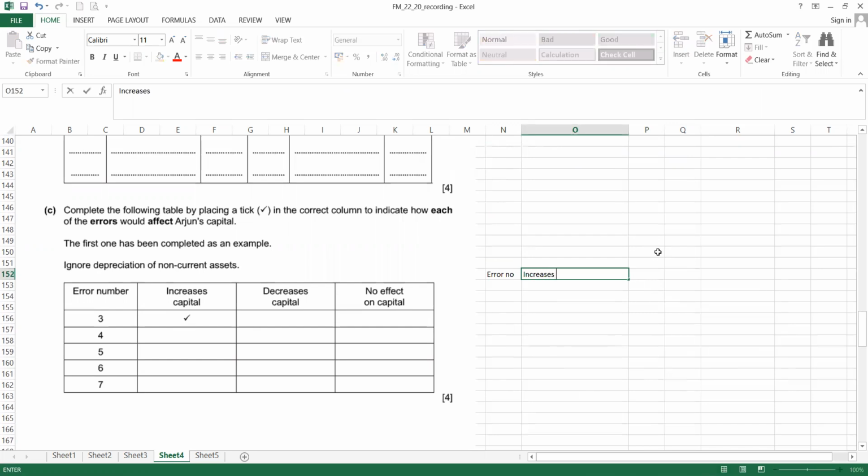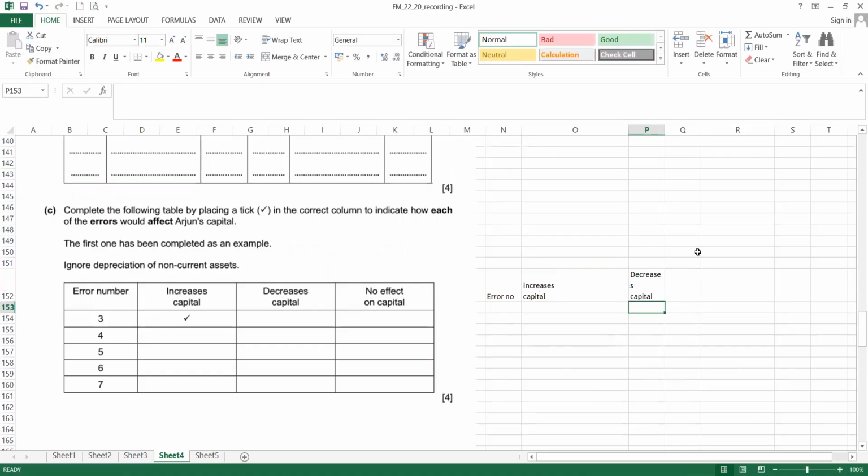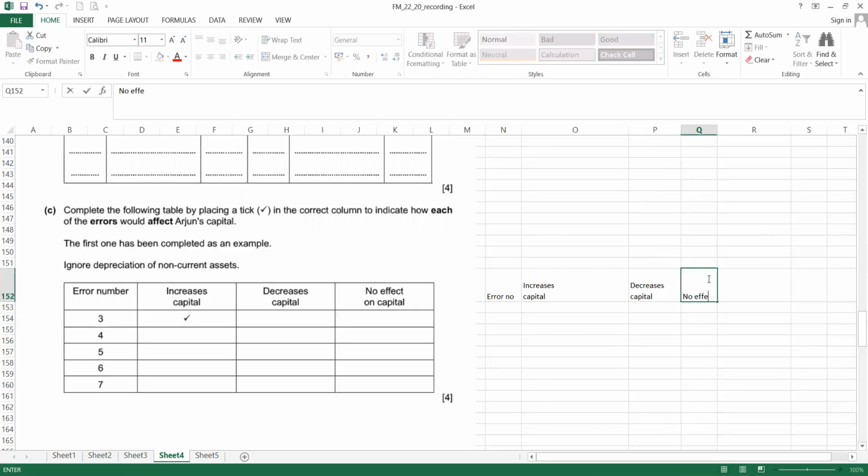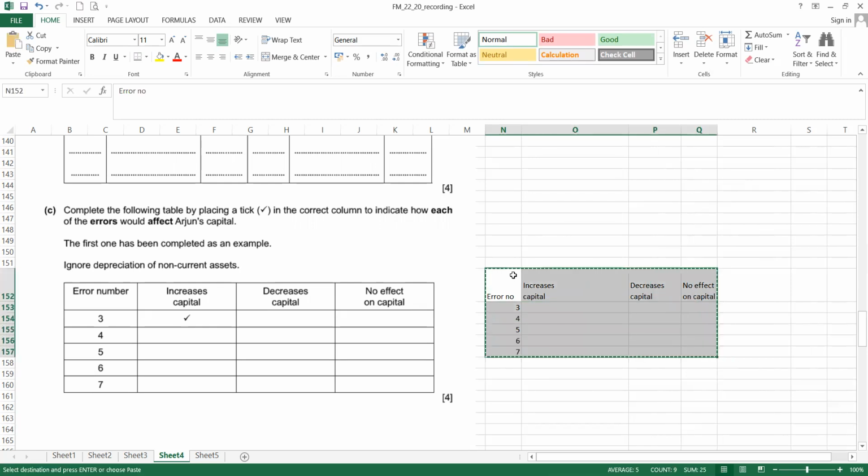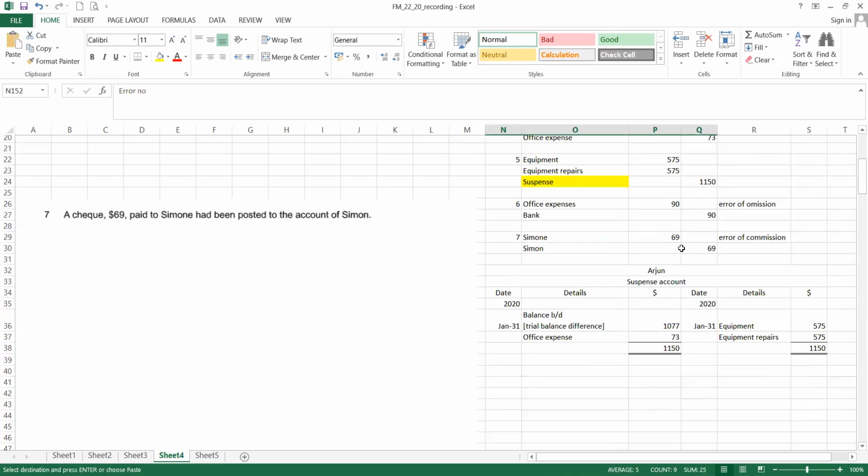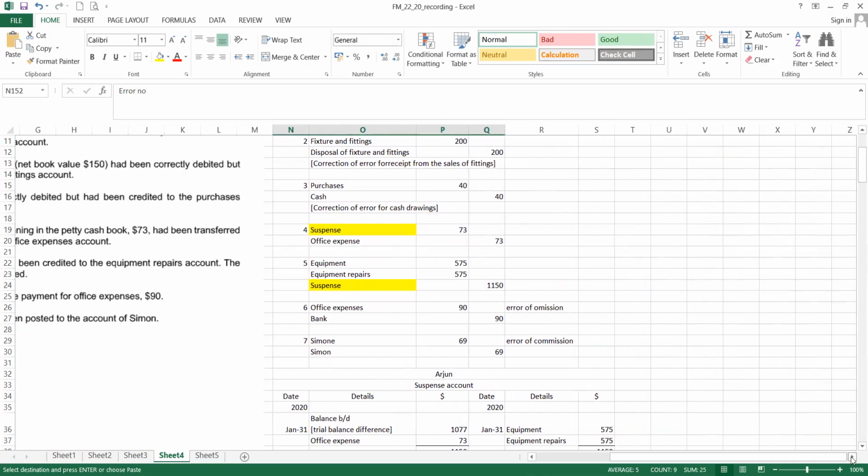Increase capital. We decrease capital. No effect on capital. Okay, let's see. 3, 4, 5, 6, 7. They want these few only. So we go up to the side by side and look at all the journal entries that we made.